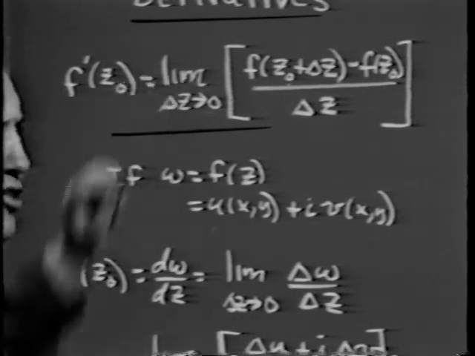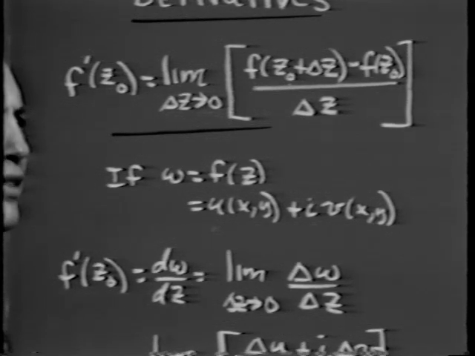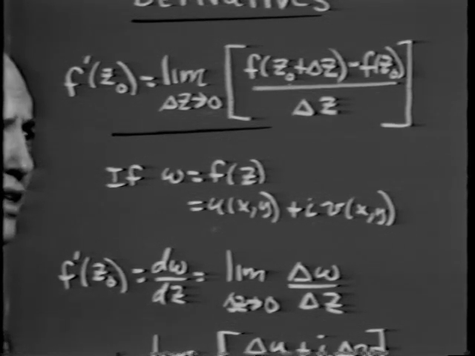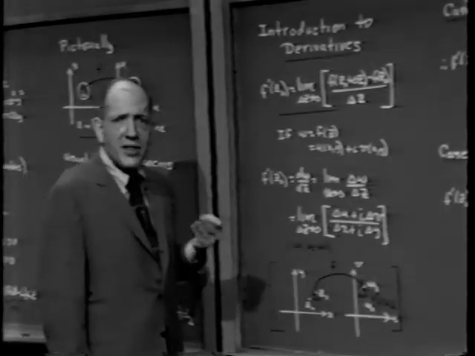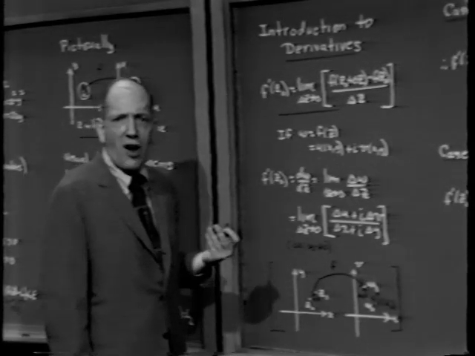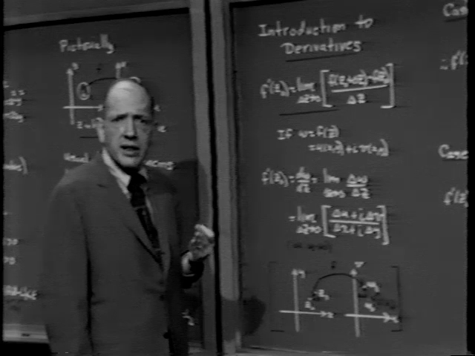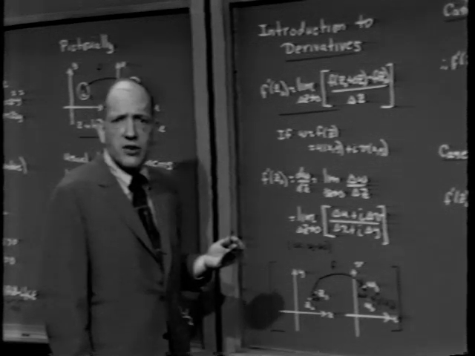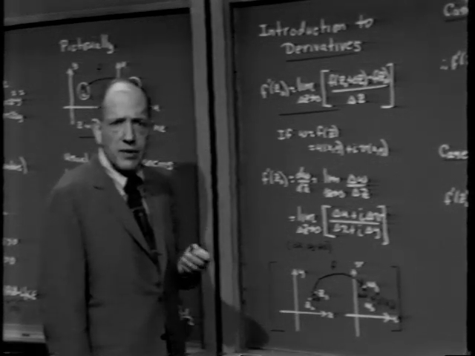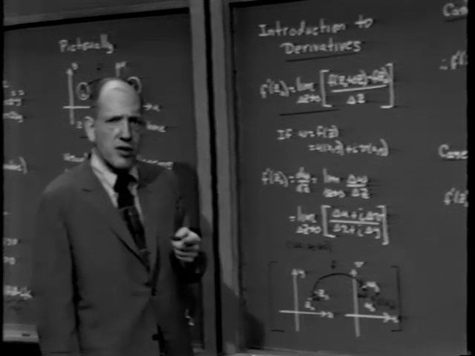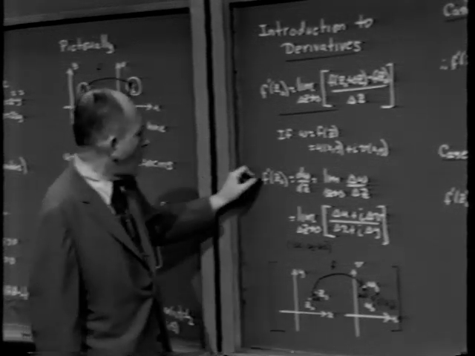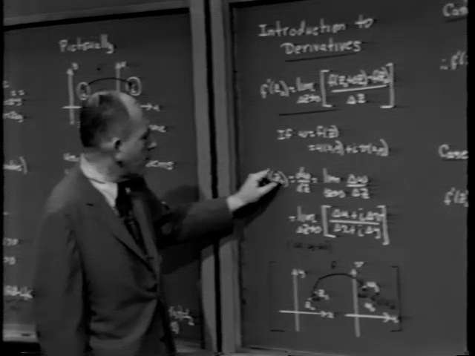Now, to help you see this geometrically, and for heaven's sakes, I'm not the greatest guy at visualizing things geometrically myself, so if I either confuse you or else you're not turned on by this, ignore it, because we don't need this geometric interpretation until next lecture. But for those of you who might be interested in pursuing this, here's what we're saying. Notice that f prime of z0 is a complex number.